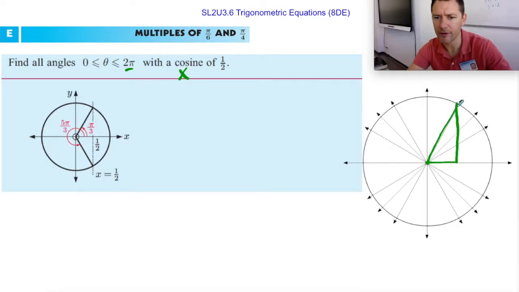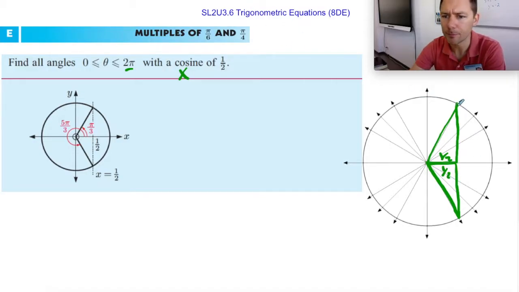The half value. So it's going to be either this triangle, right, where this value is a half, or this triangle where this x value also is a half, right? So these points here and here have this property that the cosine is a half. So we got to figure out what those points are.